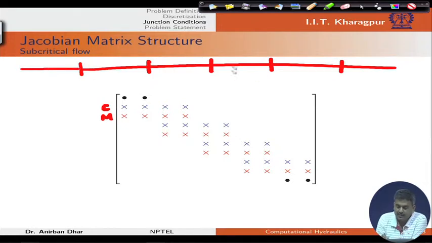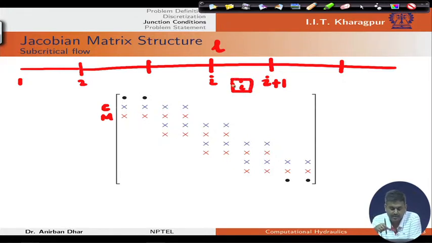For each channel reach we will have 1, 2 like that, I, I plus 1, they have the ith segment. Now, in this case, the first entry corresponding to this segment will be from continuity, this is momentum.